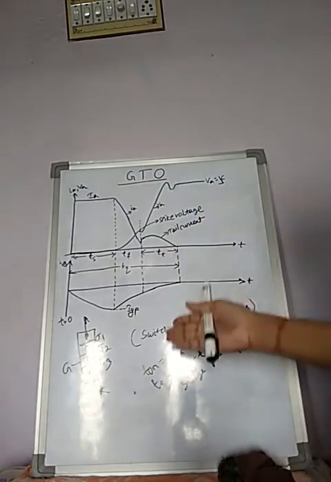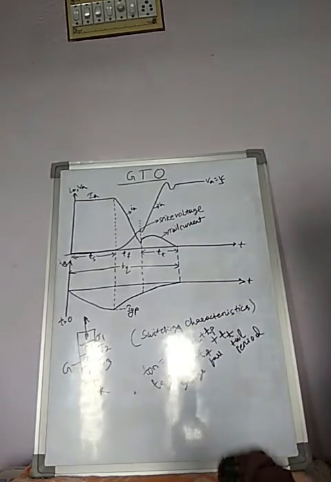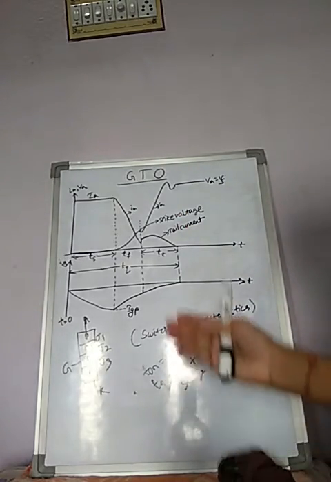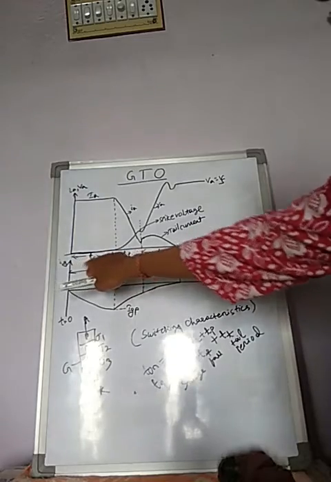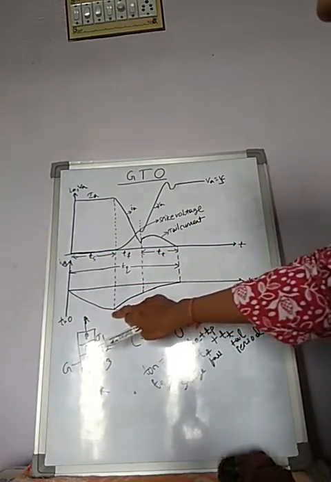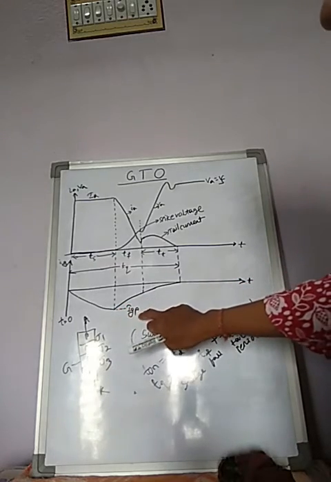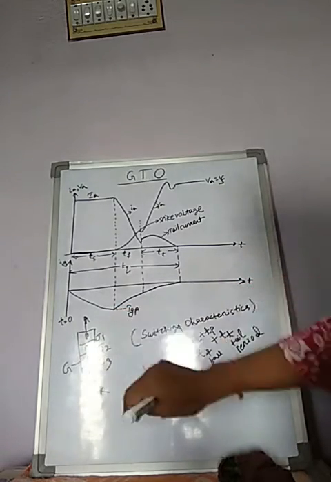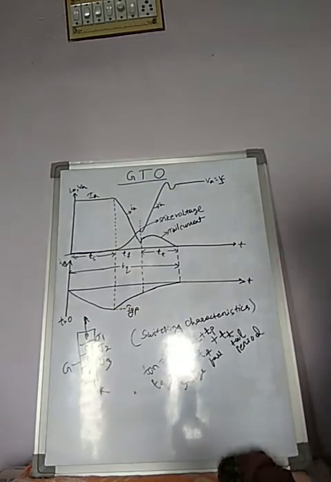So during storage time, the negative gate current rises to a particular value. This value is the peak level of Ig, the maximum level of negative gate current.